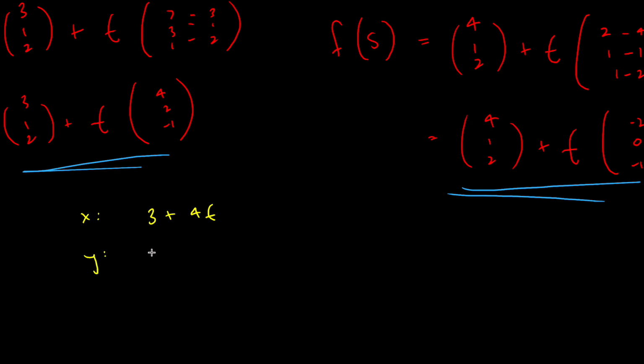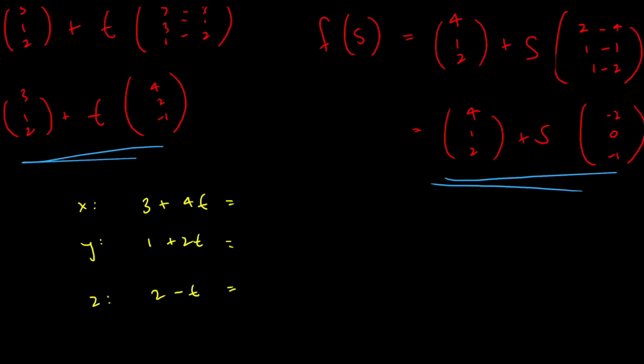Y component is 1 plus 2t, and z component is 2 minus t. And we can do the same thing with this other line. We have 4 minus 2s, 1 plus 0s, and 2 minus s.